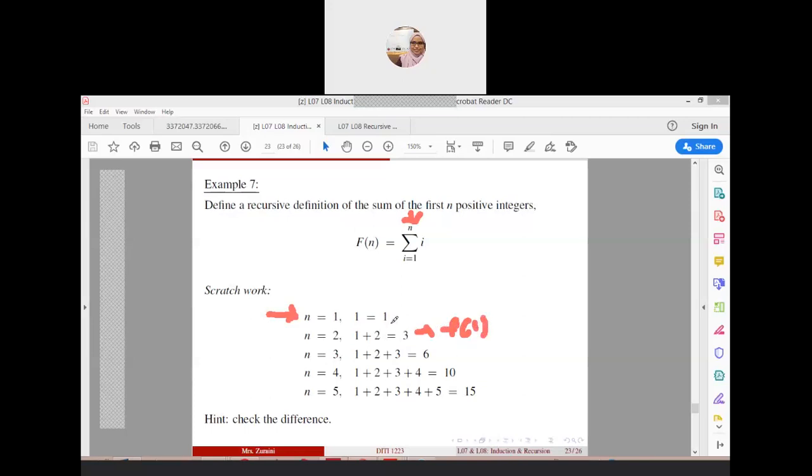F1 kan 1. Okey. 1 tambah 2 akan jadi 3. So yang ni ialah F2, guna yang sebelum tu, which is F1... F2 ialah 3 tambah, okey, 3 tambah 3 akan jadi 6.